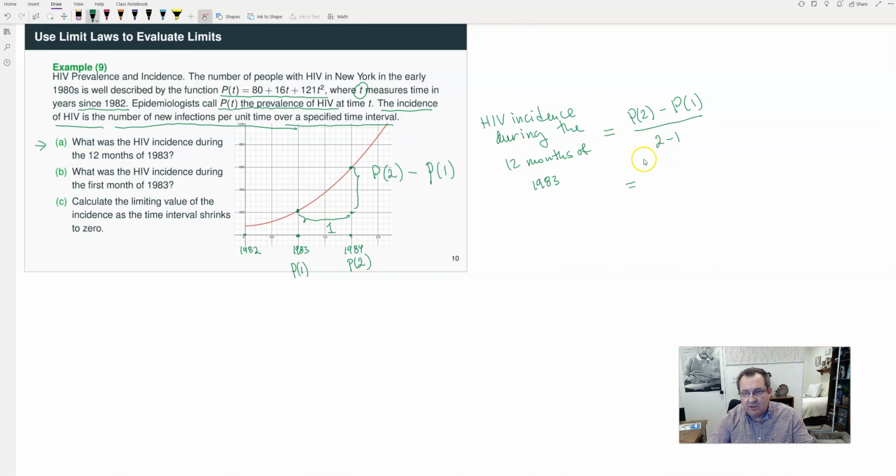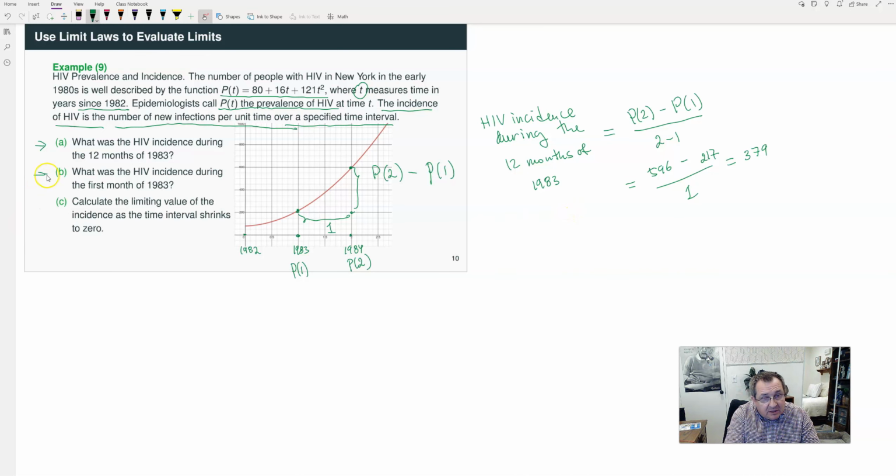And I already went and computed some of the numbers here. So P of 2 is 596, P of 1 is 217, and the denominator is 1. When we simplify, we get 379 for the incidence during the 12 months of 1983.